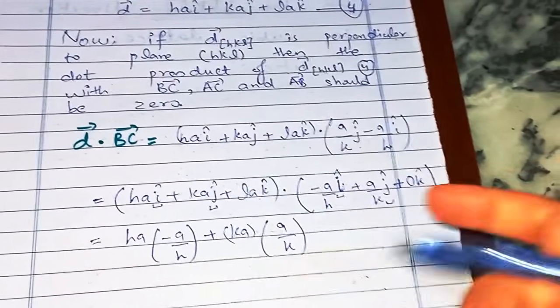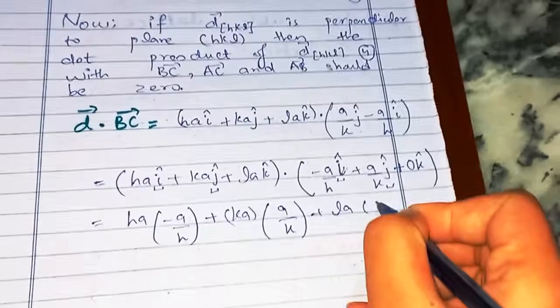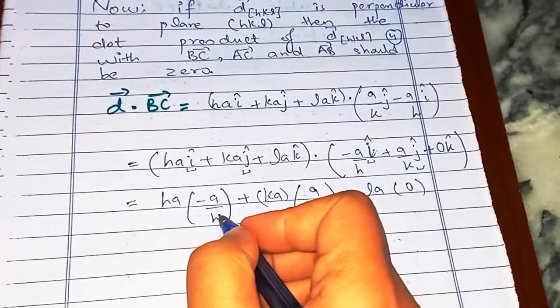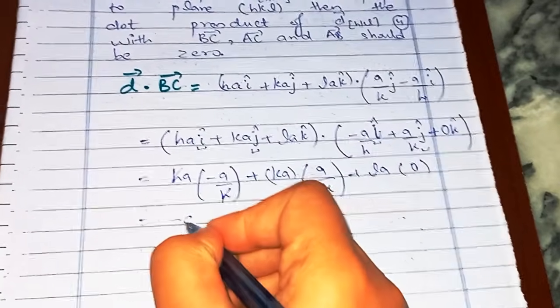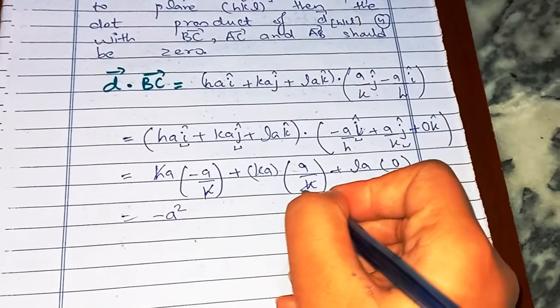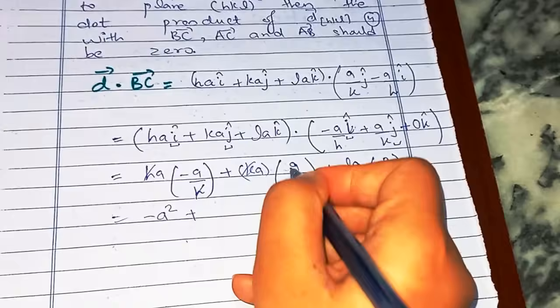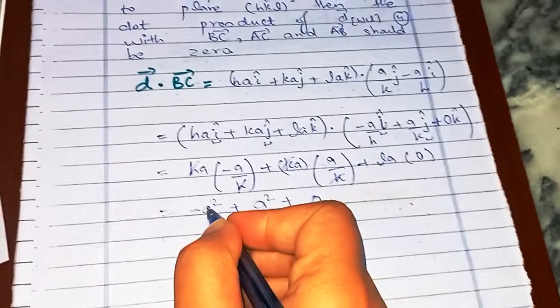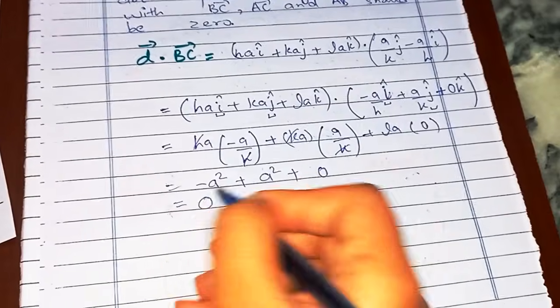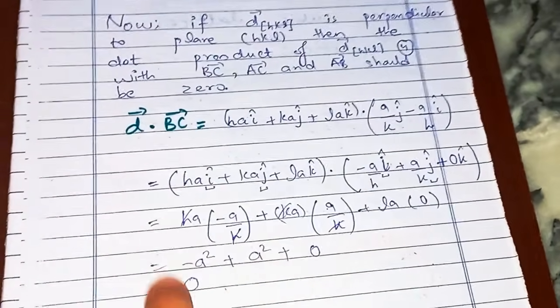Then LA multiplies with 0. Let's simplify: H cancels, and it's A into A, minus A square. K cancels, plus A into A is A square, plus LA into 0 is 0. Minus A square plus A square is 0. We can see that the first dot product is 0.